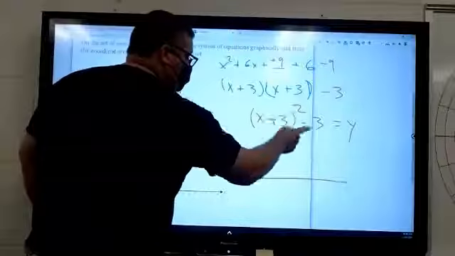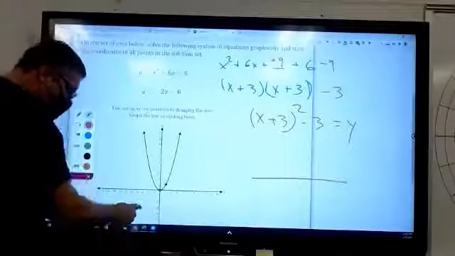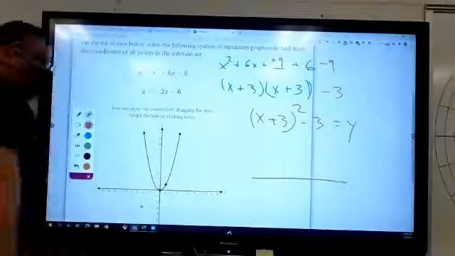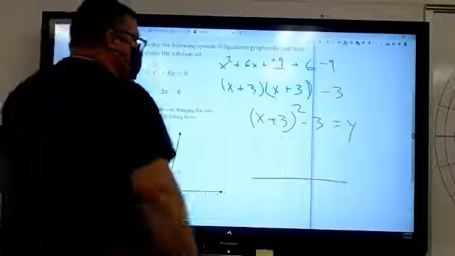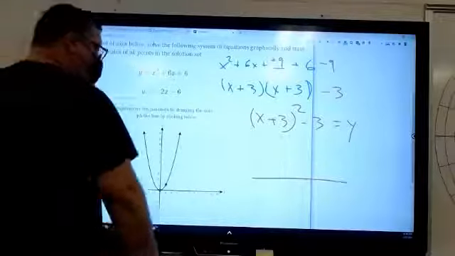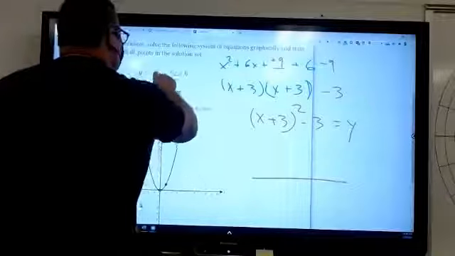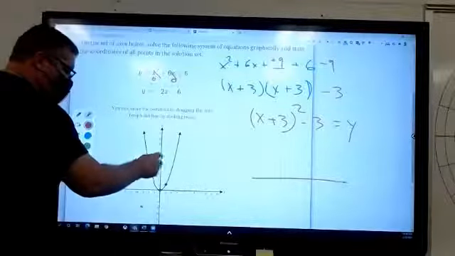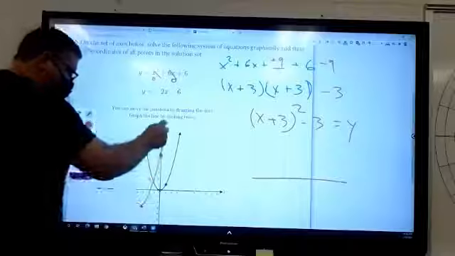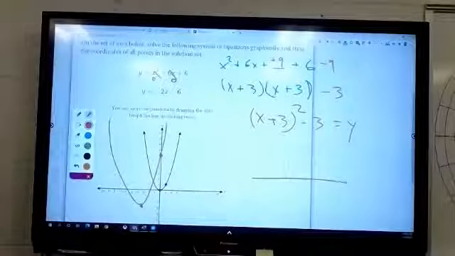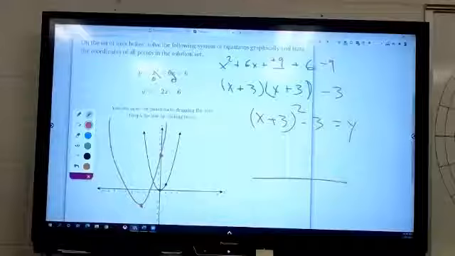All right, so my center is at -3, -3. Right there. And for my 0, if I plug in zeros for the original, 6. There it is. Now, that's another way to graph it.